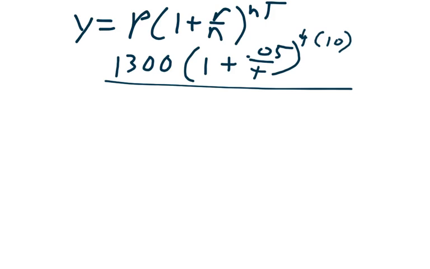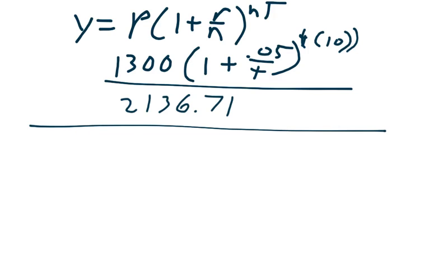Make sure that if you don't have a calculator that automatically puts it all into the exponent, that you put parentheses around the 4 times 10, or you can just put in 40 because you know 4 times 10 is 40. And you wind up with $2,136.71.